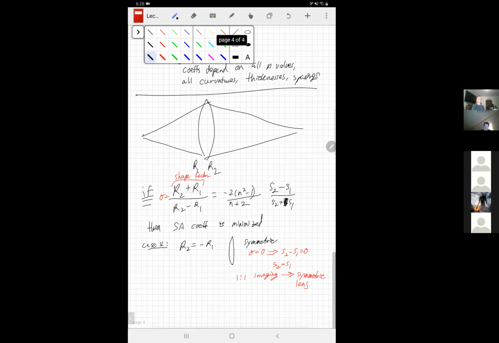Okay. Let's do case 2, right? Let's say S2 is much bigger than S1. That would be the case of magnifying. S2 is bigger than S1. Is sigma going to be positive or negative?